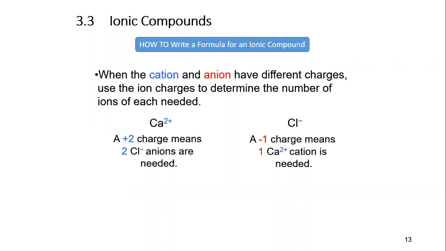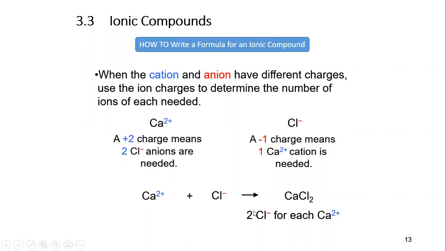So in order to balance the charge of the +2, we need 2 chlorides so that the 2 negatives neutralize the +2, because -1 plus -1 plus 2 gives us 0.